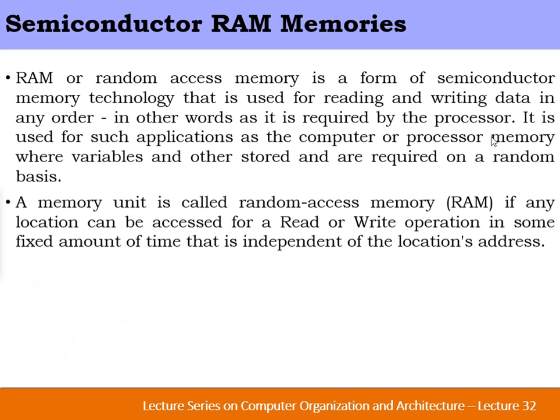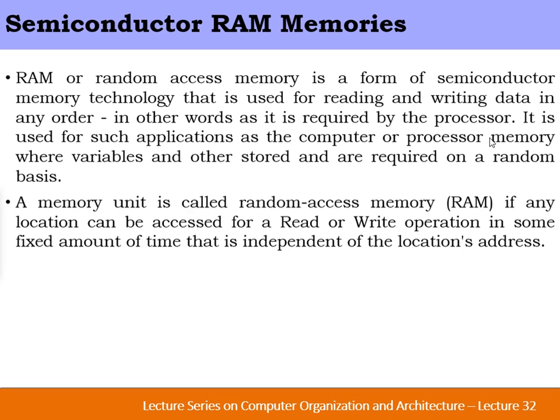As in this lecture we are concentrating on semiconductor RAM memory: RAM stands for random access memory. It is made using semiconductor technology and can be used for storing information as well as retrieving information, that is, reading and writing data. It can be done in any order and it is used for applications like computer or processor memory.